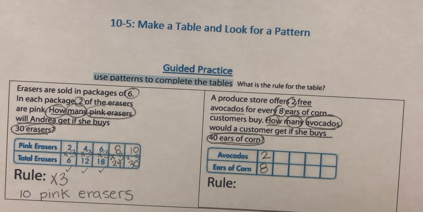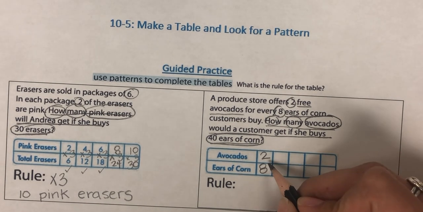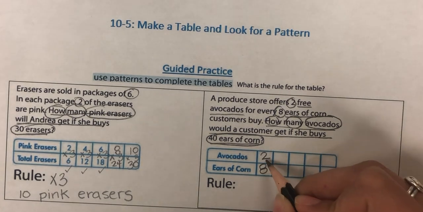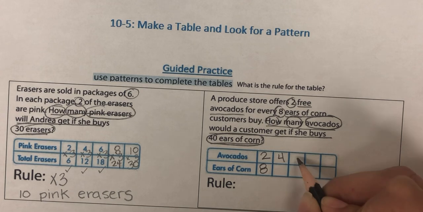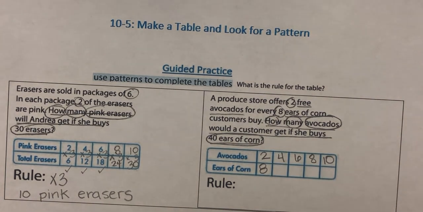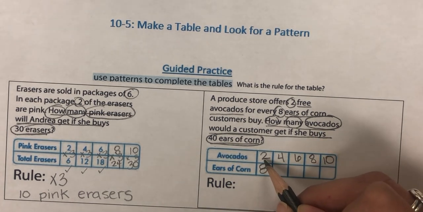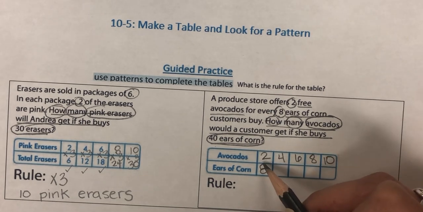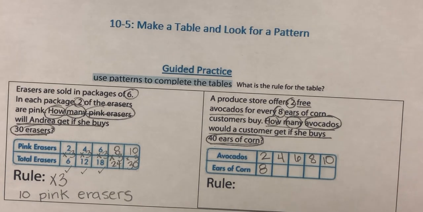For the top, since we're starting off with 2, let's continue skip counting by 2's. So we have 2, 4, 6, 8, 10. We want to get to 40 ears of corn. We're starting off with 8.